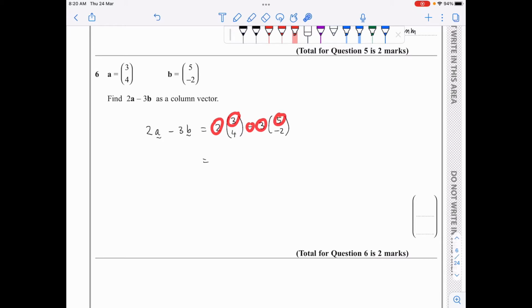So 6 minus 15 is negative 9. And then for the bottom entry, 2 times 4 is 8, and minus 3 times minus 2 is 6. So 8 plus 6 is 14. So my answer is (-9, 14).